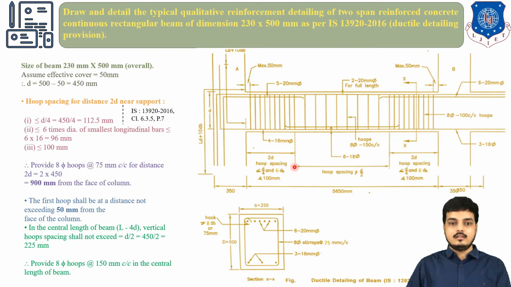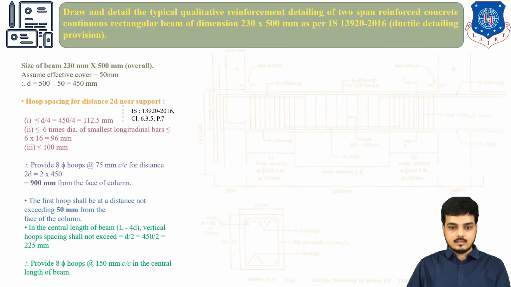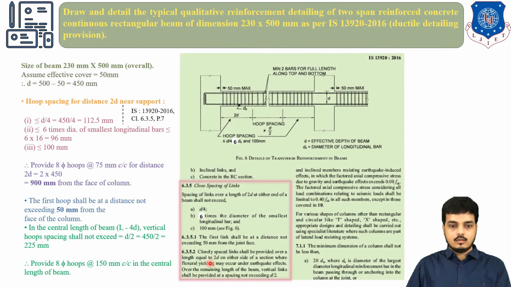And the remaining distance, which is after deducting this 900 plus 900, 1800 mm, the remaining distance, which is nothing but, look, closely spaced links shall be provided over a length equal to 2D on either side, where flexural yielding may occur under the earthquake effect.